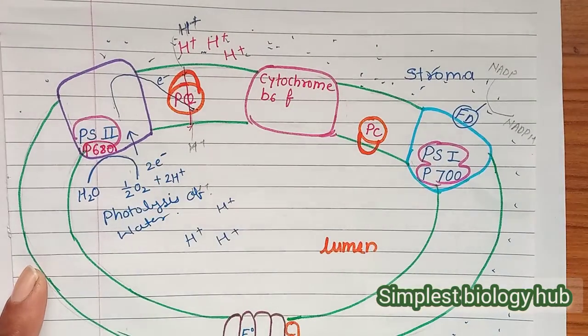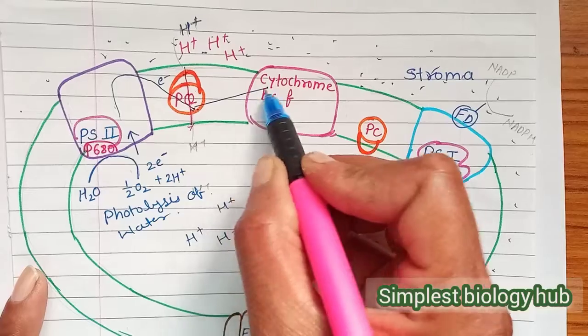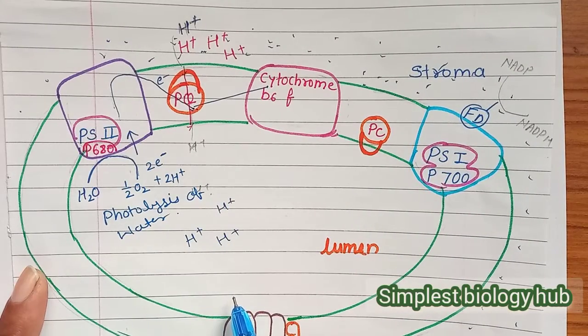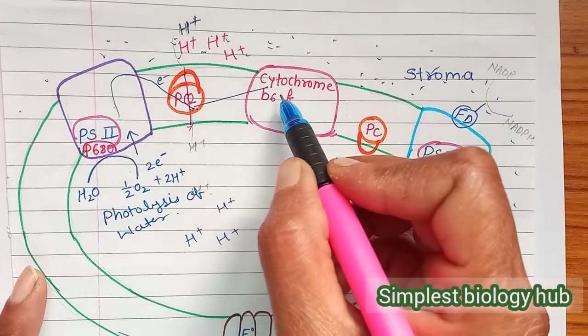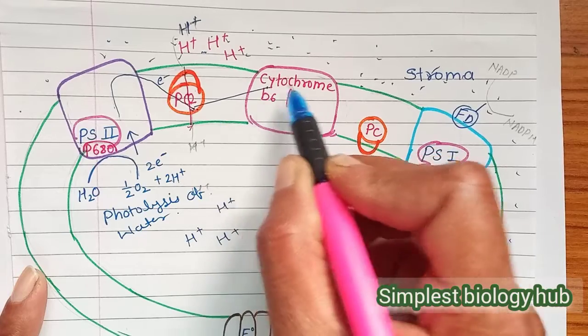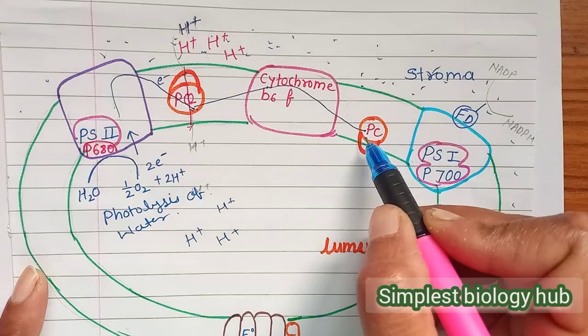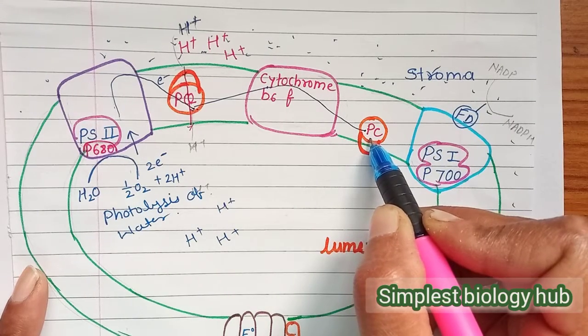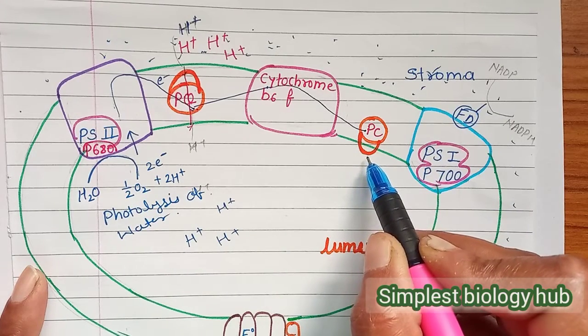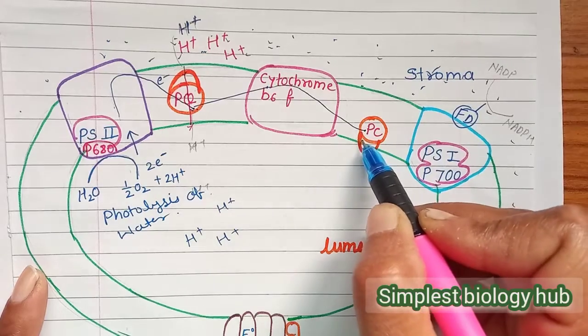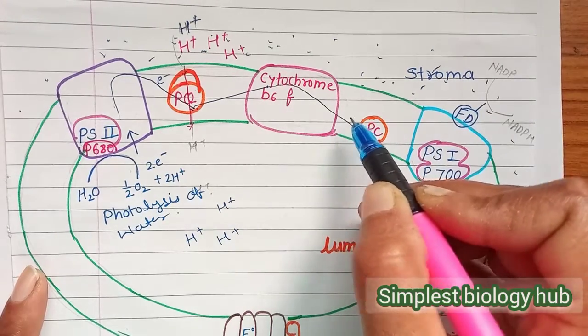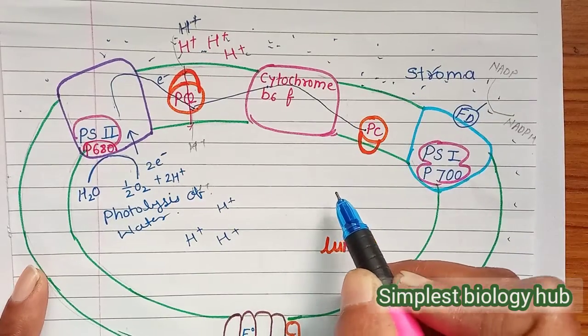After that, it passes the electron to the next complex, the cytochrome B6F complex, and from the B6F complex finally it goes to the plastocyanin. But the location of the plastocyanin is near the inner side of the thylakoid membrane. That's why it does not lose the hydrogen ions.